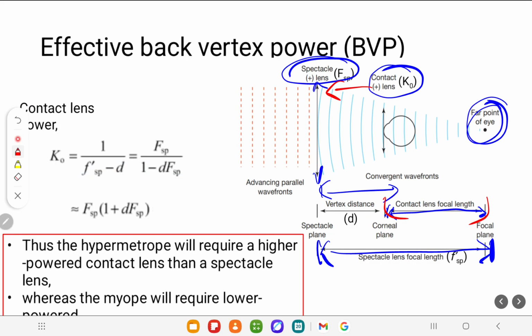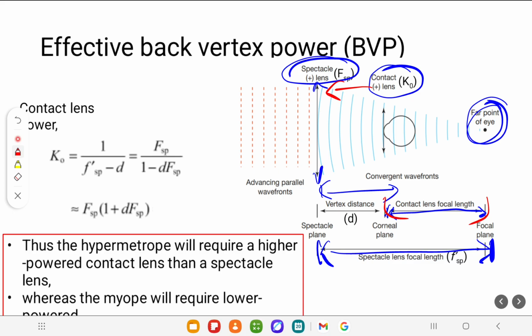Why does it happen? Because whenever you switch the distance from spectacle to contact lens, basically the secondary focal point should match with the far point of an eye. So the far point of an eye is not going to change. What we are changing is the distance from the spectacle or contact lens to the far point of an eye. That's the basic concept.